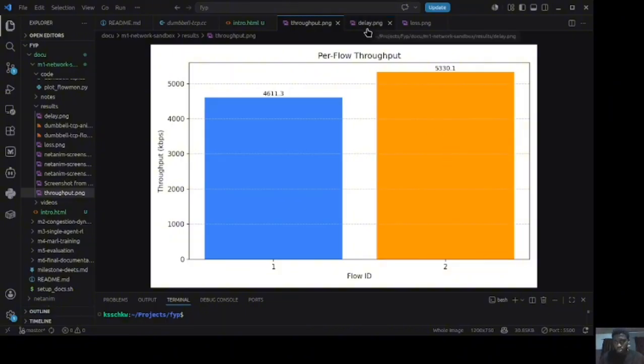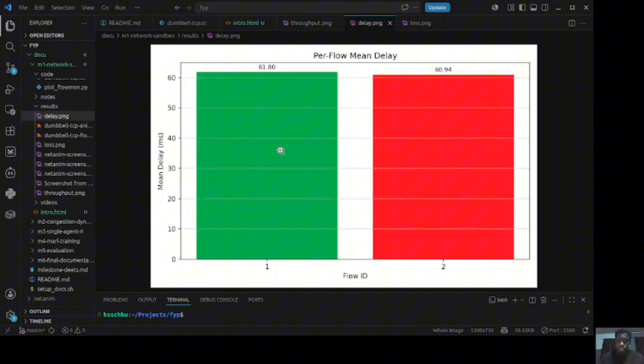So I'm just going to open the other image I generated, the delay. Both flows have approximately 61 milliseconds of delay.